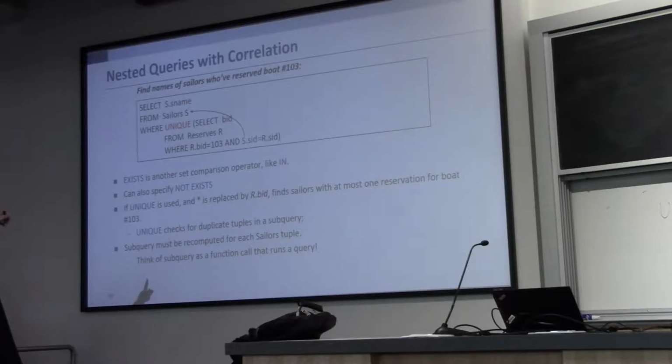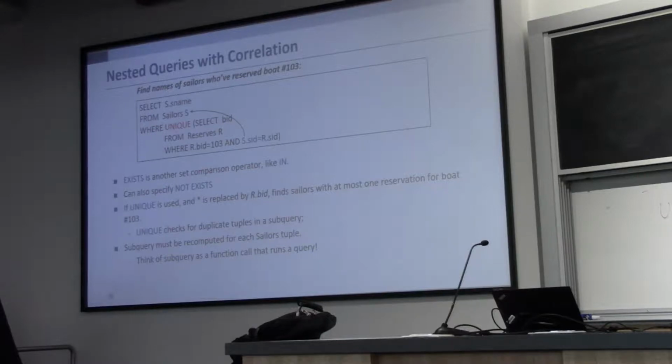So what the inner block does is take the current sailor ID and probe into the reserve table and check if the current sailor has reserved 103 or not. If it does, you return all those records by printing out the boat ID. And in this case, boat ID is guaranteed to be 103 because you have an equality condition on that.